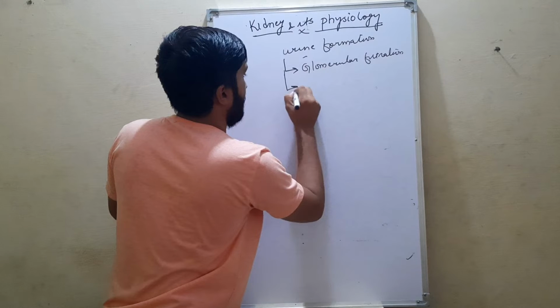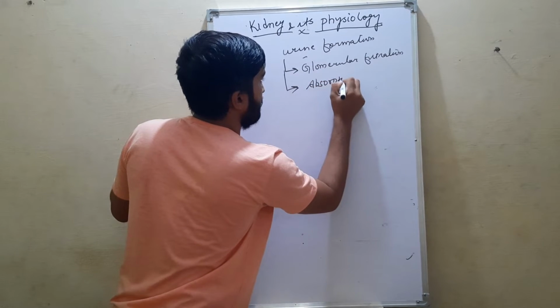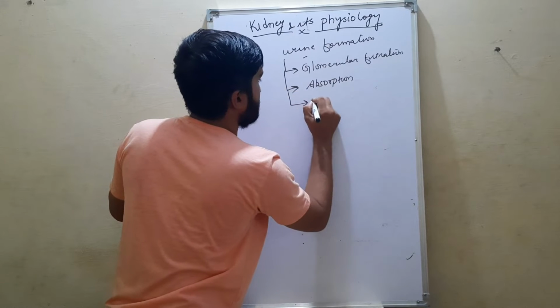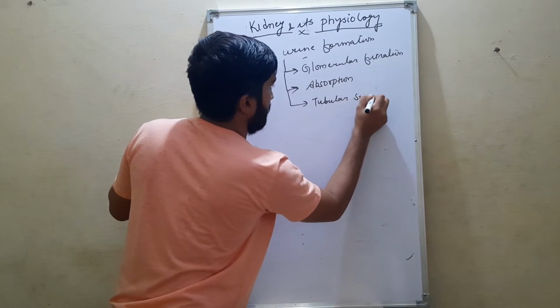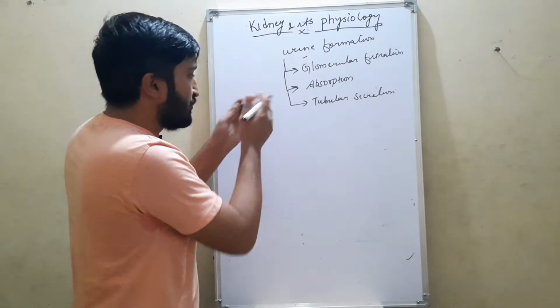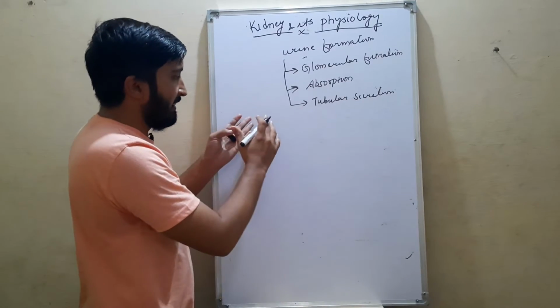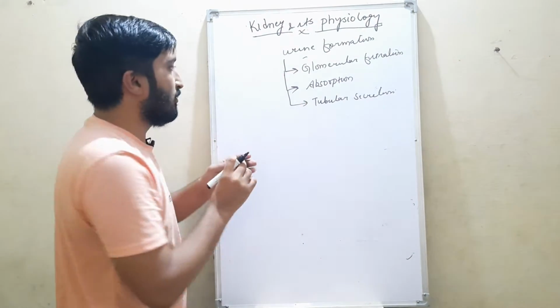Second is tubular absorption, and third is tubular secretion. See, the glomerular filtration I have explained earlier. Now the absorption and tubular secretion I will tell you about in an overview.